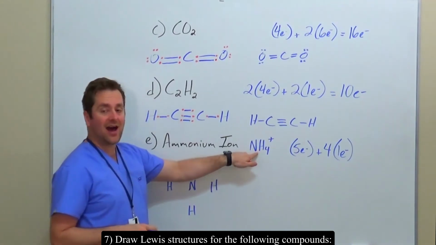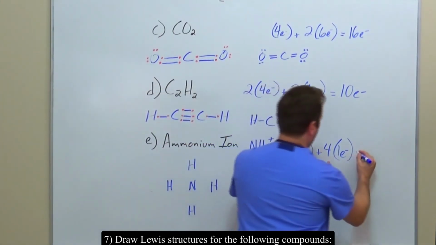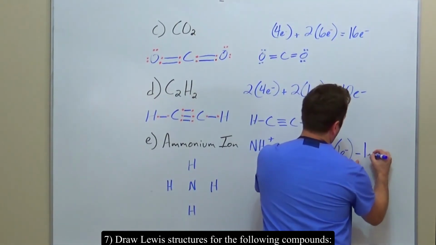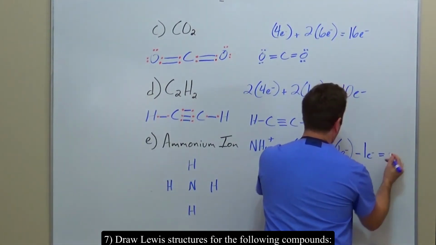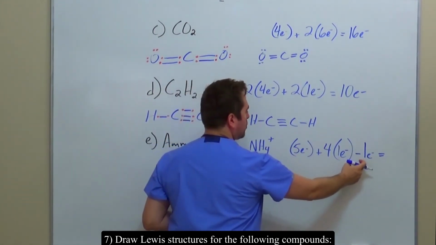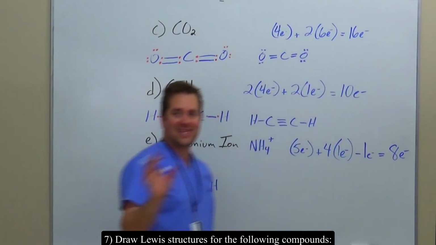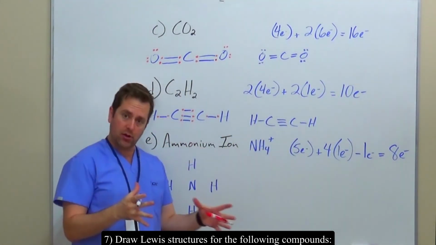Since this is an ion, it has one less electron. So we need to account for that. We're going to say minus 1 electron for our total. So we have 5 plus 4 is 9, minus 1 gives us a total of 8 electrons in the end that need to be accounted for.